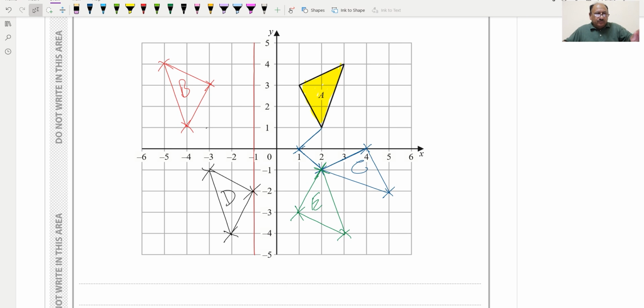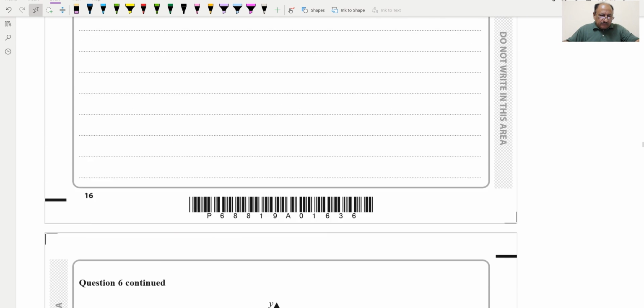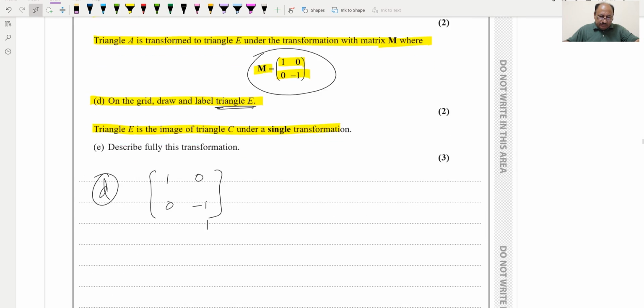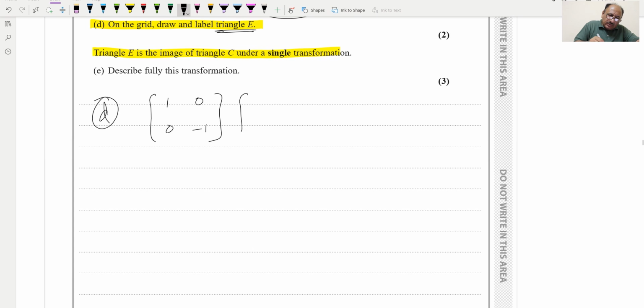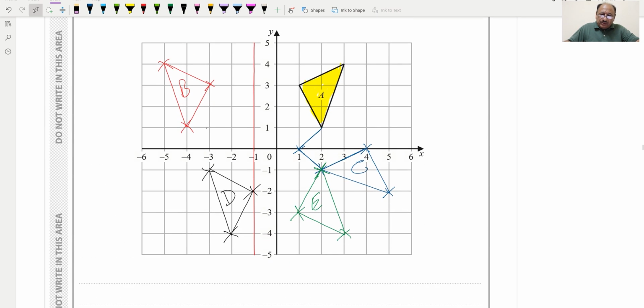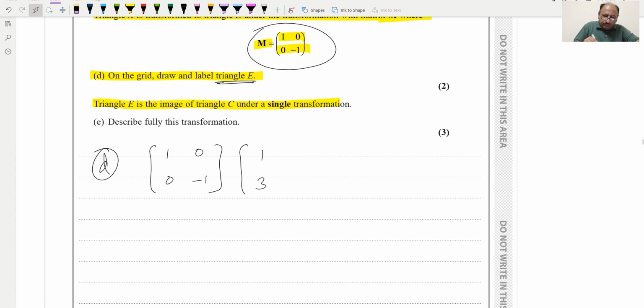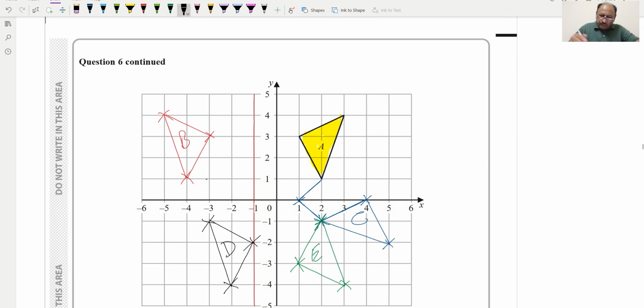Basically this will be what we will be translating. This will be 1 and 3. Yes, so we will take it as 1 and 3, and the second point we can take as 2 and 1. So we can write the coordinates as 2 and 1 over here, and the third point will be having 3.